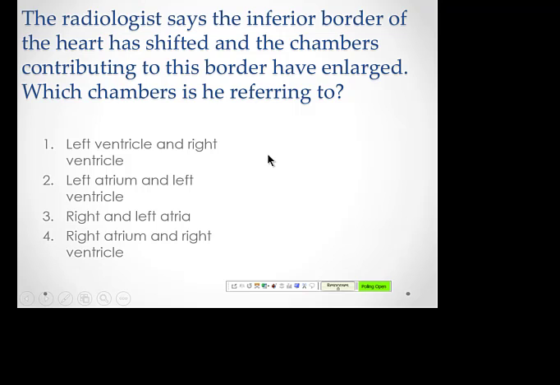Okay, let's say you got something like this. Radiologist says that the inferior border of the heart has shifted and the chambers contributing to this border have enlarged. So which chambers is he referring to? I'm basically asking you which chambers form the inferior border, but just wrote it in a roundabout manner.